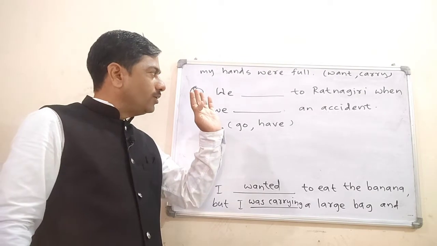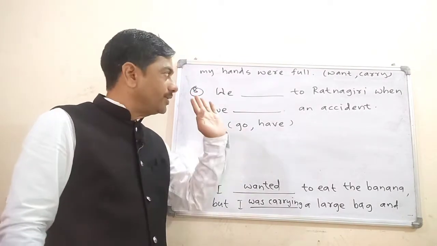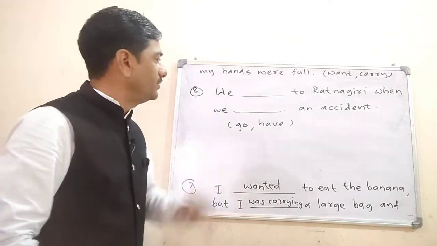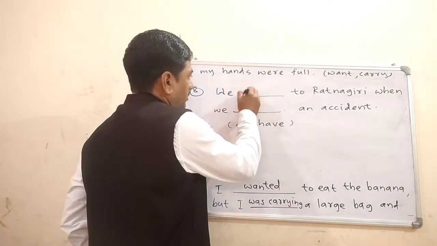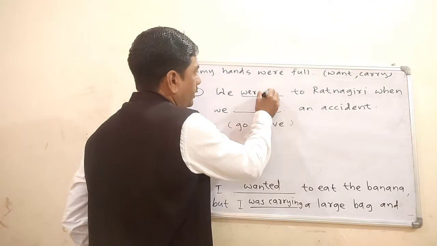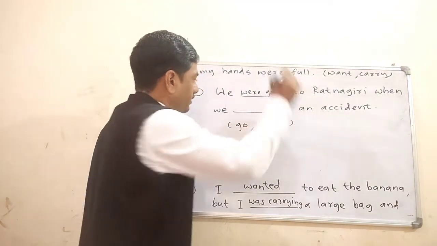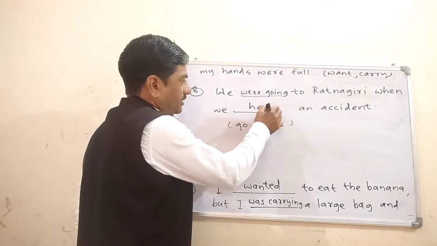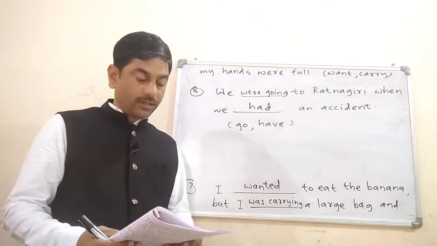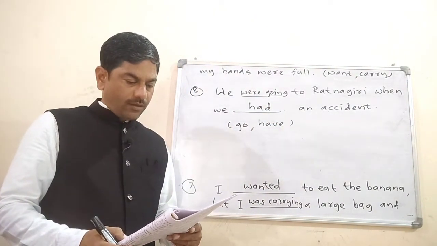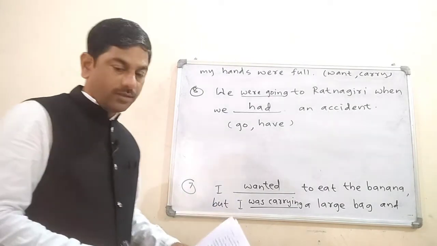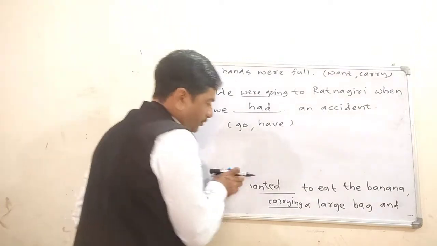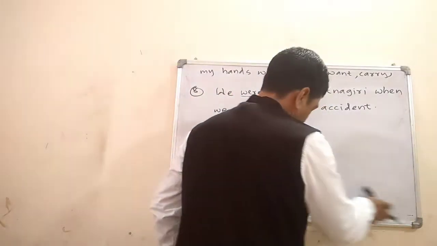We were going to Ratnagiri when we had an accident. So in the first clause, past progressive, and simple past in the second clause. So we studied how to make use of simple past and past progressive in the same sentence.